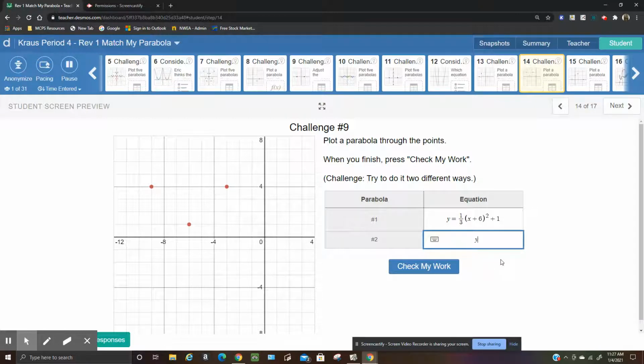So y equals 1/3 x squared, and 1/3 of 12x would be 4x. 1/3 of 36 is 12, plus 1 would be 13.